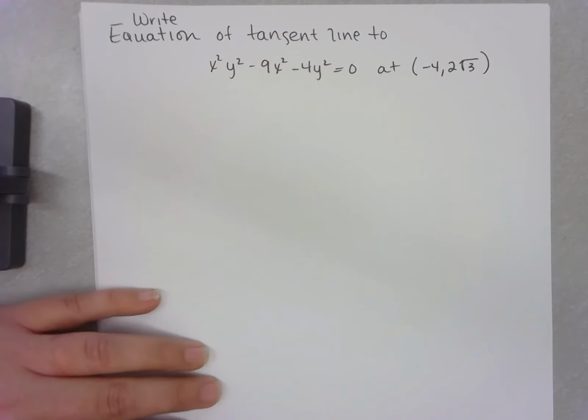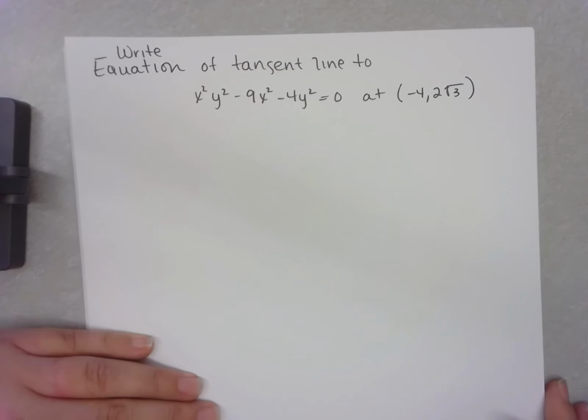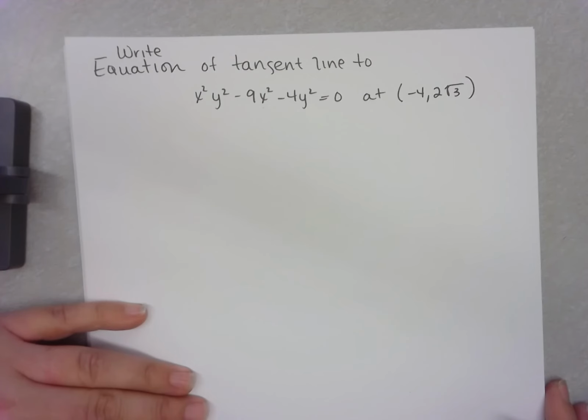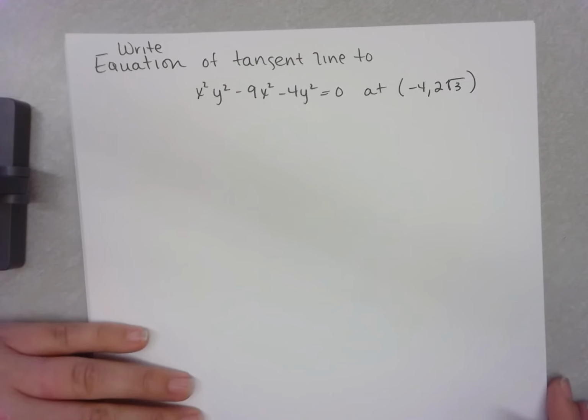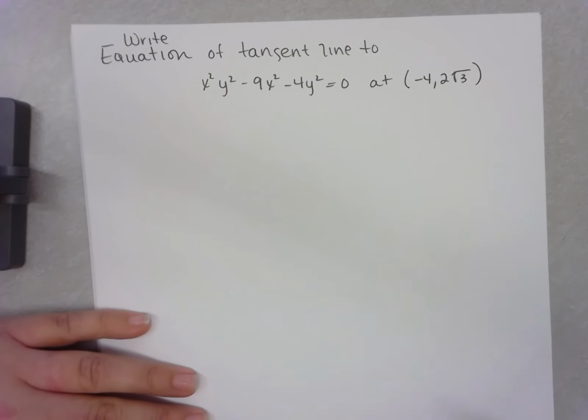That's an alternative strategy. Now we are going to write the equation of a tangent line to the graph of x squared y squared minus 9x squared minus 4y squared equals 0. This time we're getting a little bit more complicated. Before we can write the equation of a tangent line, I need the slope.